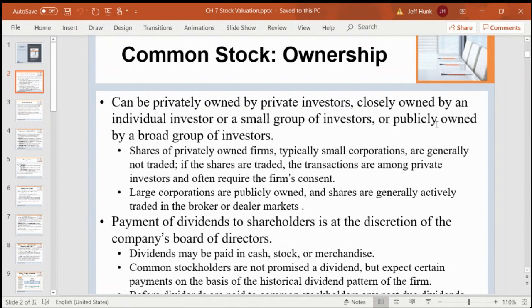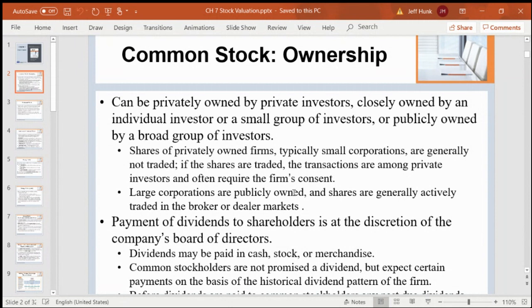So publicly traded, meaning the ownership is open to the public, right? Anybody can buy the stock of a large corporation. Generally all the large corporations are traded in the stock exchange, meaning they are publicly traded businesses.